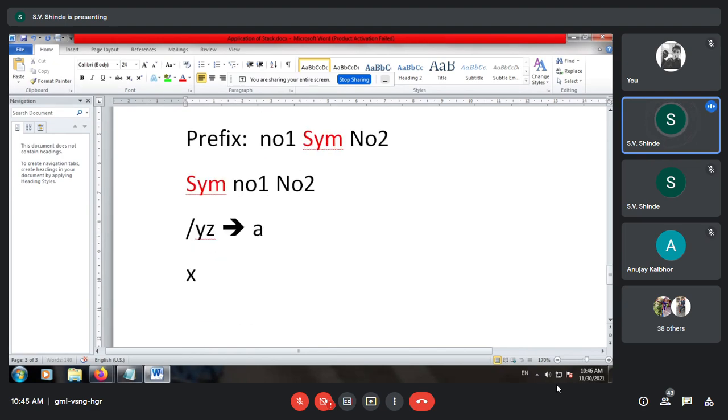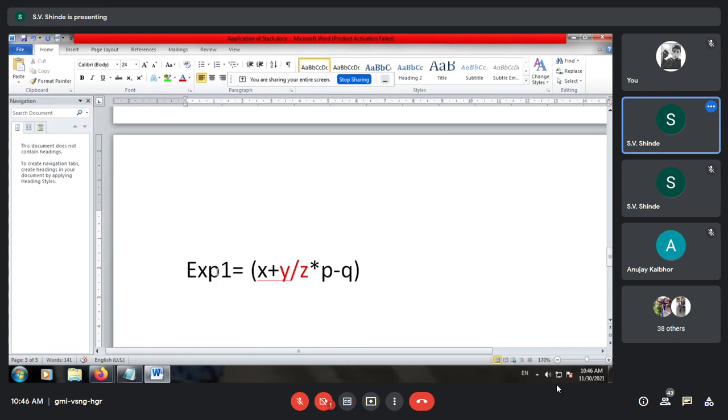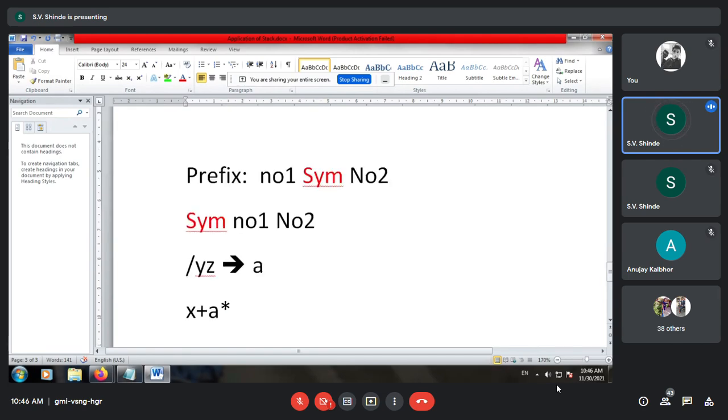Okay, so when we convert into variable a, then this expression will be converted into something like this, that is x plus a multiplied by p minus q. Okay, so a is nothing but y divided by z. Now we have one operand, that is a, and let us scan it again.